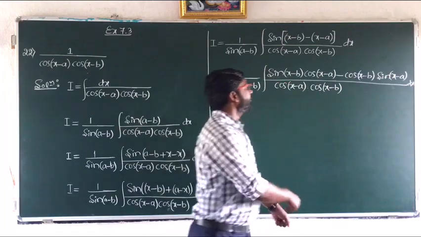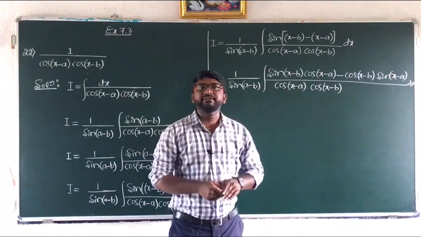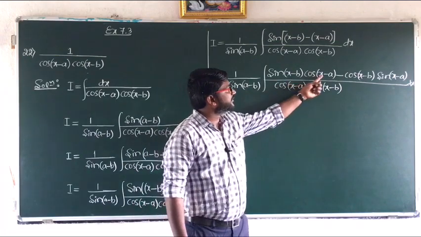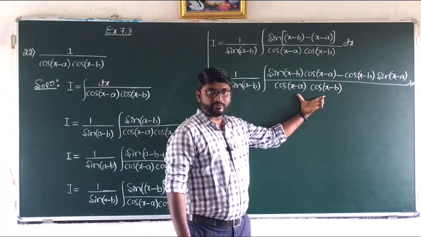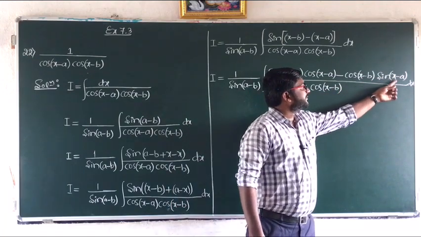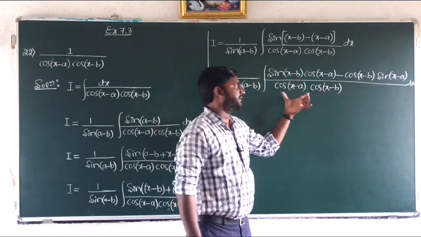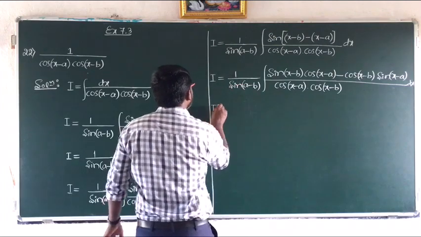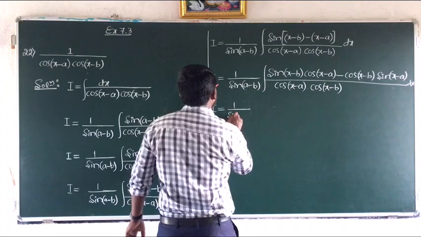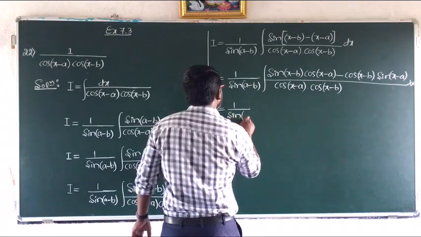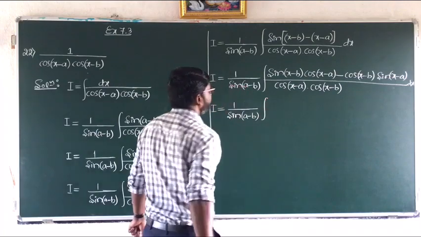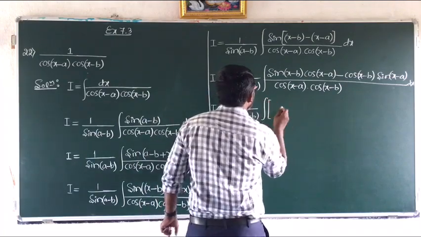Now we have to split the numerator into two terms. We get sin of (x minus b) into cos of (x minus a) divided by the denominator, minus cos of (x minus b) into sin of (x minus a) divided by the denominator. So let us do that. I is equal to 1 divided by sin of (a minus b), integral.